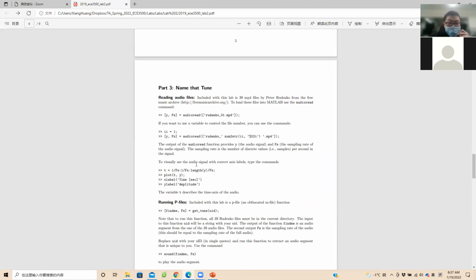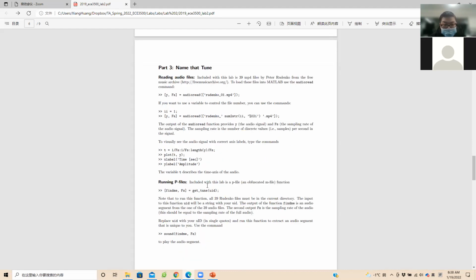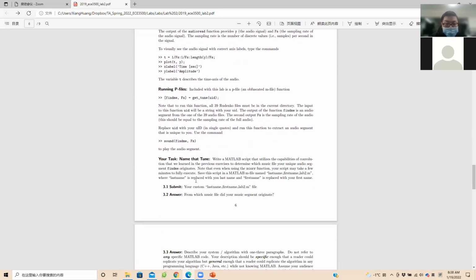You can get it by using the correlation function. You can use it very smoothly, and I think this is not hard for you. You can finish it very soon.